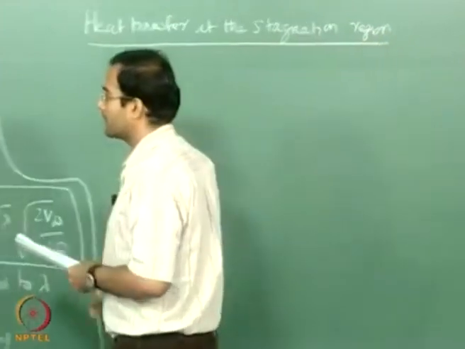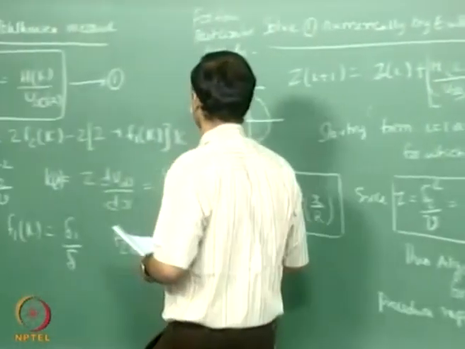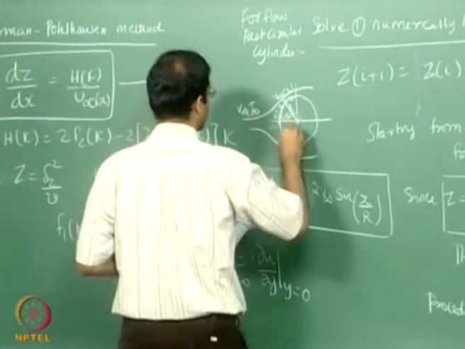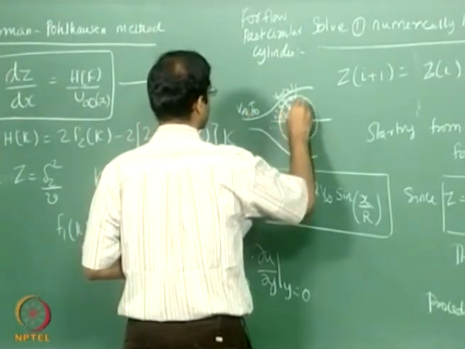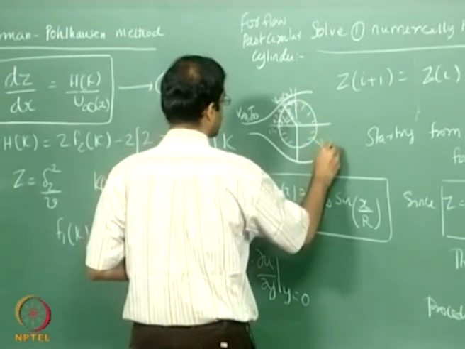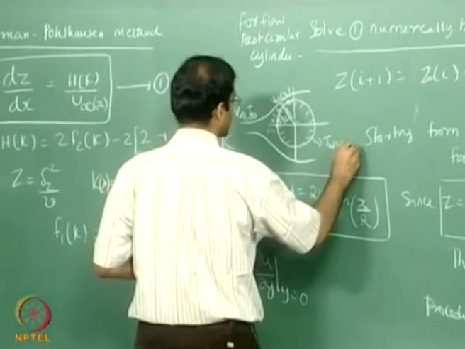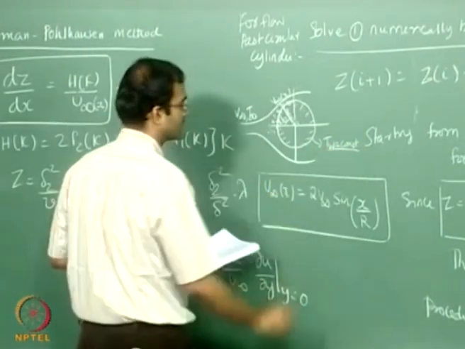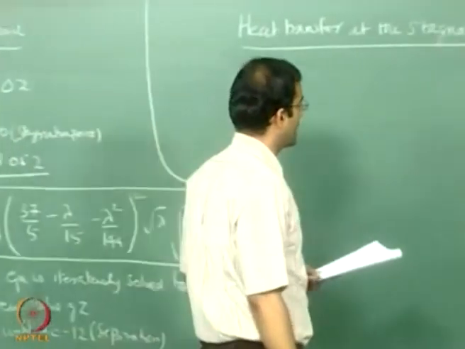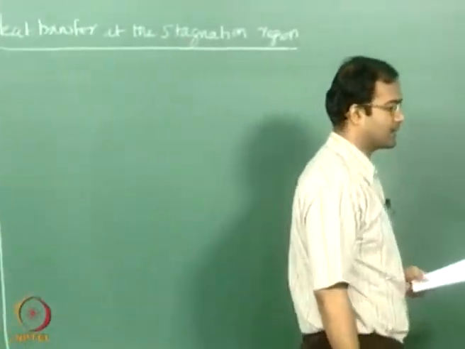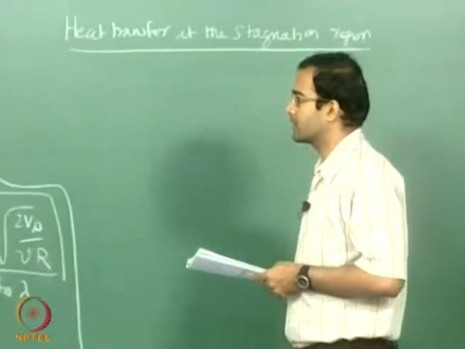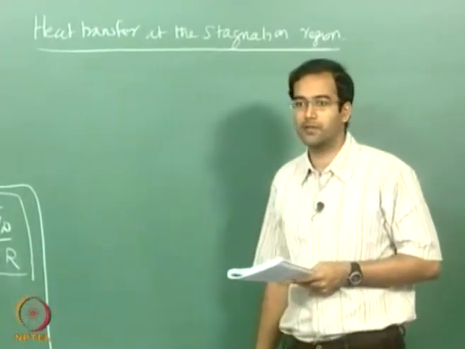So for the same problem, let us assume that the free stream or the ambient temperature is T infinity, and the wall of the cylinder is maintained at an isothermal condition where T wall is constant. Okay, now this gives rise to the heat transfer problem. As far as the temperature profile is concerned, okay, von Karman or Pohlhausen did not specify anything about how rigorous the profile should be.